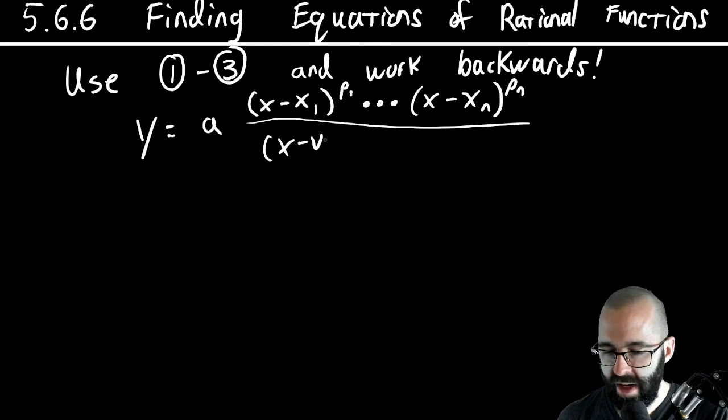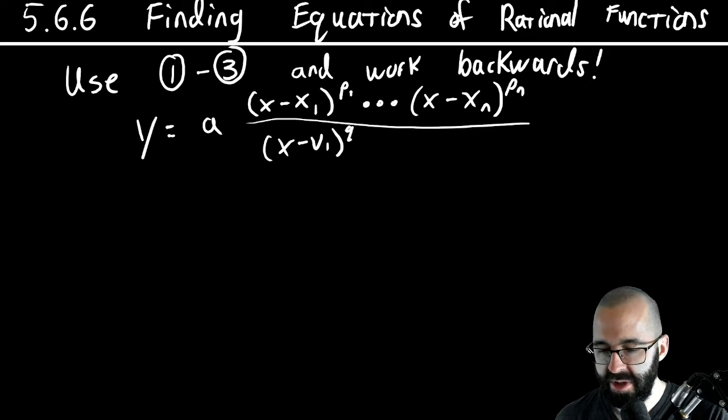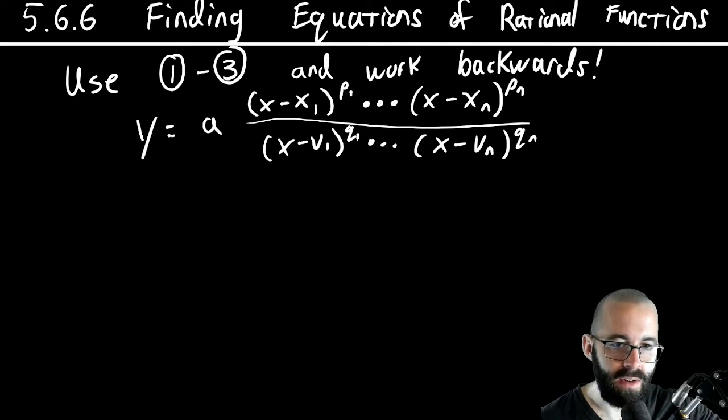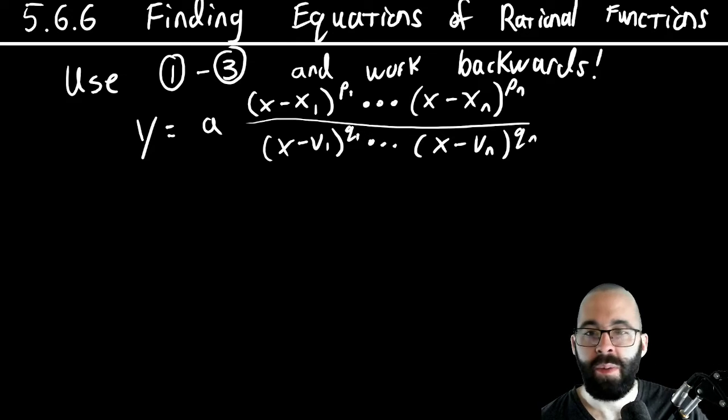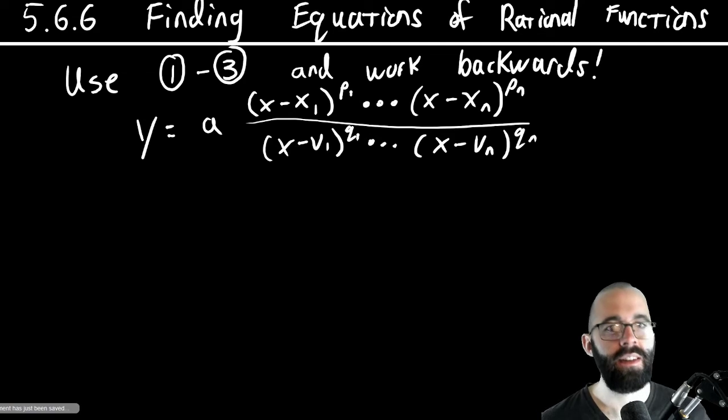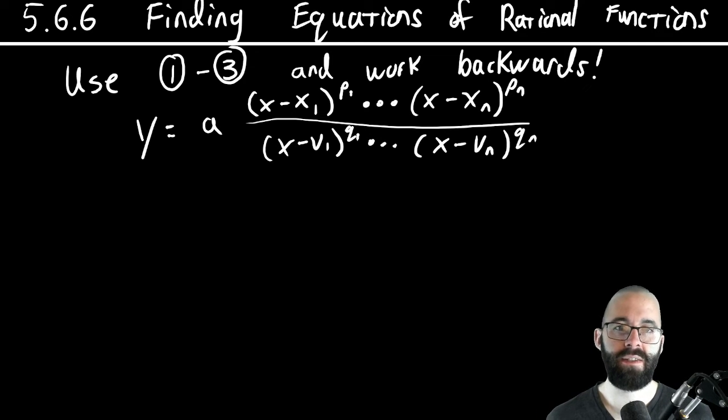And on the bottom, we have a bunch of asymptotes or removable discontinuities. We're going to write them with slightly different forms, but the point is, it's just a bunch of factors on the top that are zeros and multiplicities, a bunch of factors on the bottom that are asymptotes or removable discontinuities, and then some sort of scaling factor.